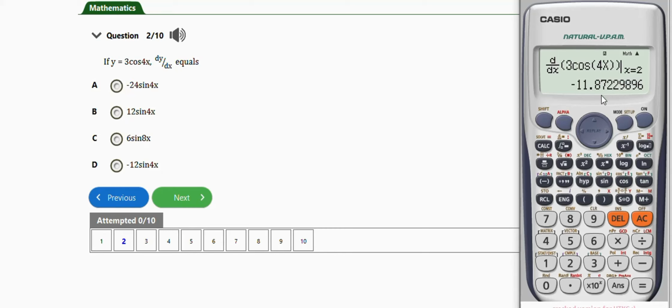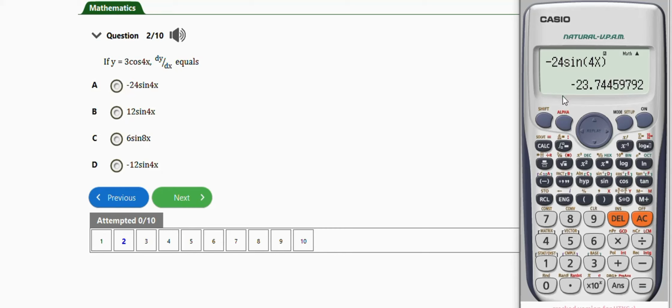We have minus 11.87. So right now we're going to evaluate the options. Anyone that gives us minus 11.87 will be the answer. So let's begin with option A. So we have minus 24 sine 4x. This is interesting, guys. What's it equal to? No, we got minus 11.87.